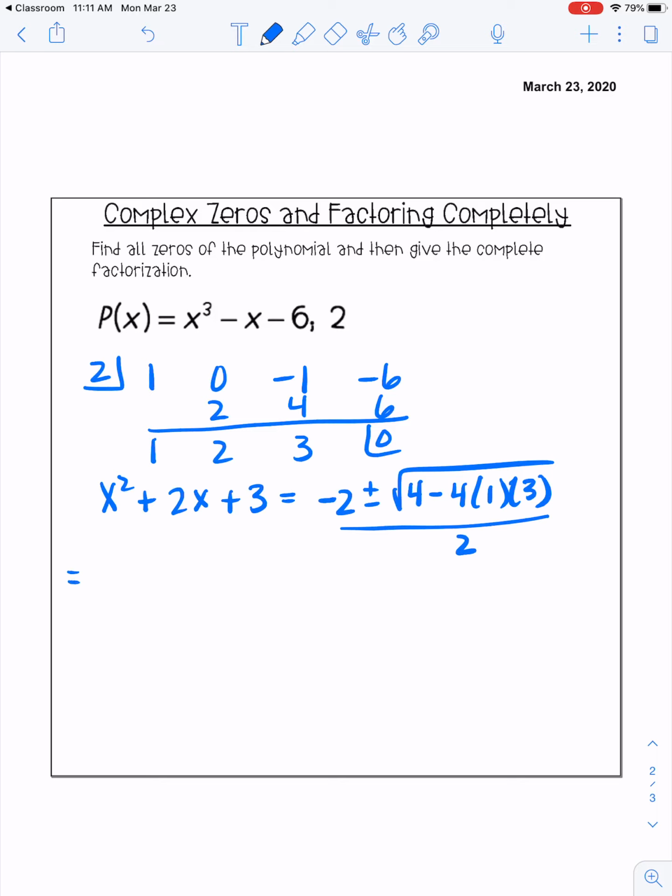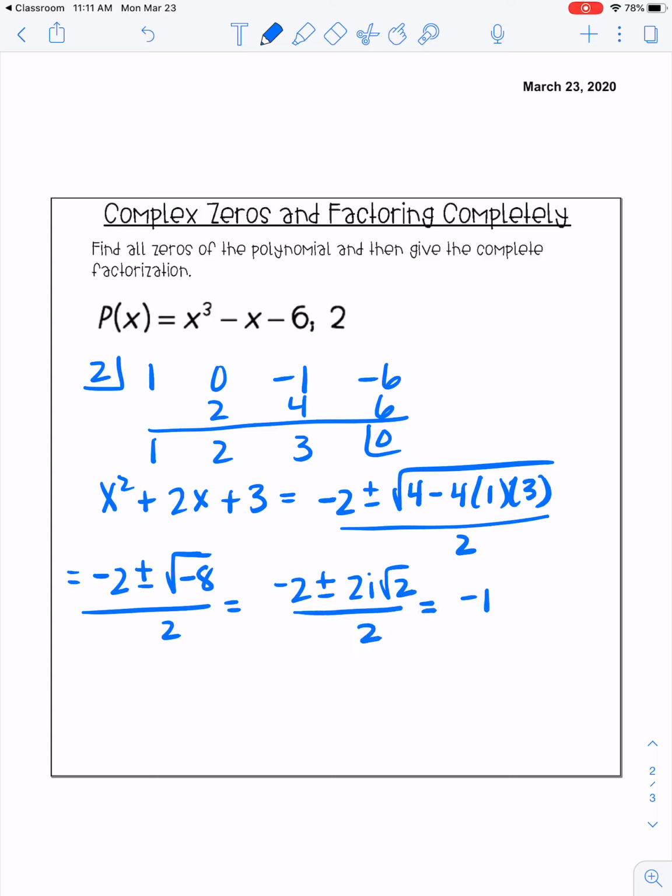That's going to give me negative 2 plus or minus, let's see, that's going to be 4 minus 12, so that's negative 8 all over 2. And the negative 8 I need to simplify. That's going to become negative 2 plus or minus 2i radical 2 over 2. And then that's going to become negative 1 plus or minus i radical 2.